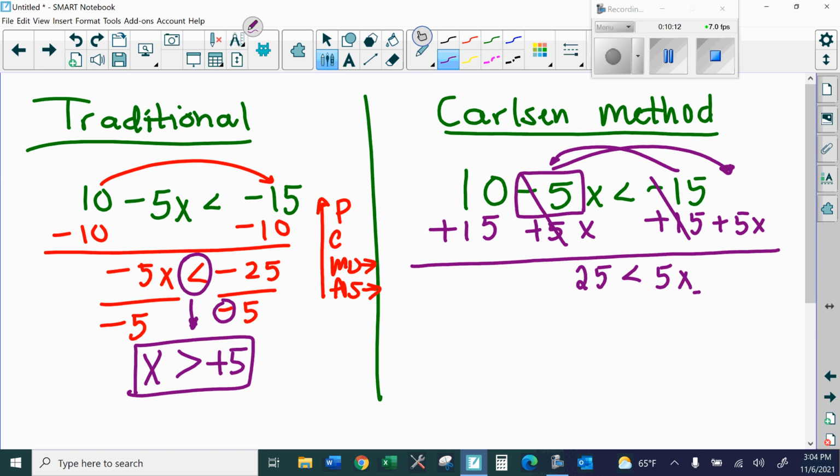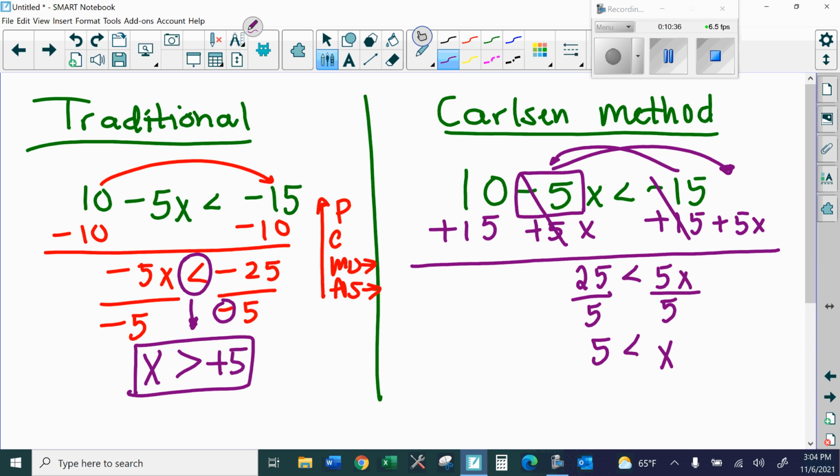And now last step, divide by 5. I don't have to remember to bring down a negative sign at all. I don't have to remember that a negative by a negative is a positive. Okay. And because I'm dividing by a positive, I don't have to switch the inequality sign. It already did that for me when I moved it to the other side. So I don't even have to remember that rule of switching the inequality.